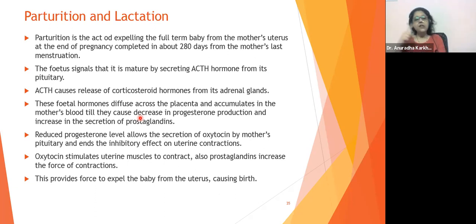You remember even in the semen there is prostaglandin, which causes contractions to get the sperms inside. So now in the female's body also prostaglandin secretion will increase. So progesterone secretion will decrease, prostaglandin secretion will increase.